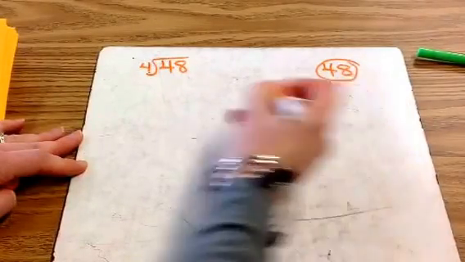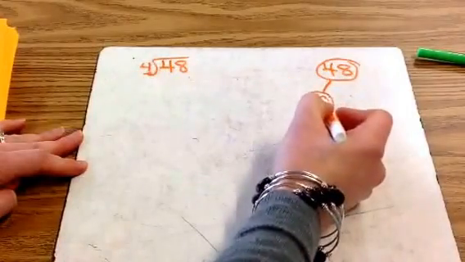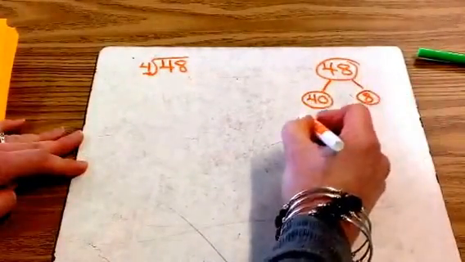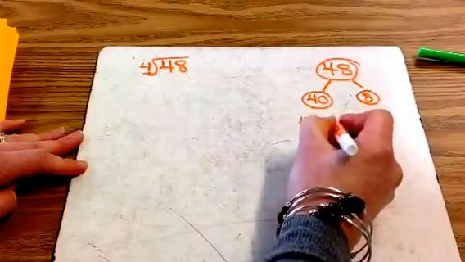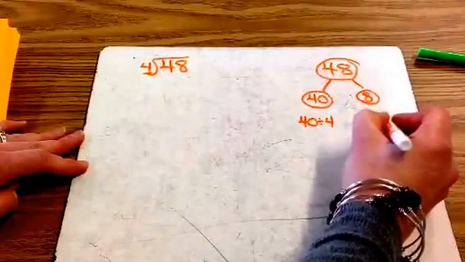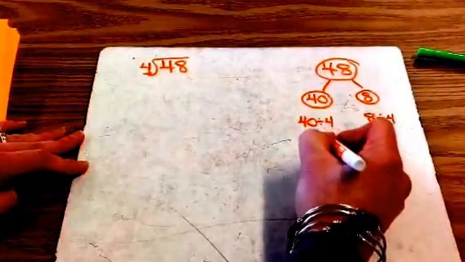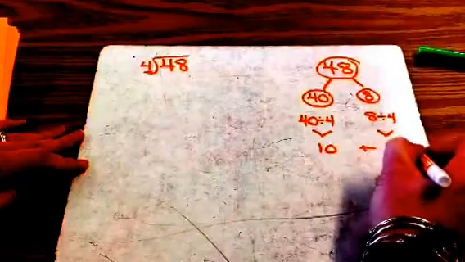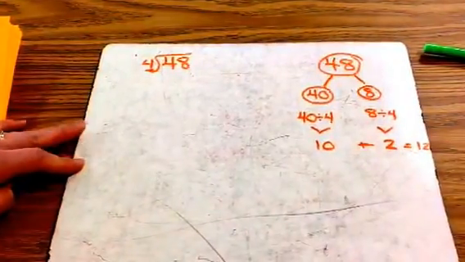So 4 times 10 is 40. That leaves us with just 8. Our distributive property allows us to divide 40 by 4, because that's my divisor, and 8 by 4. 40 divided by 4 is 10, 8 divided by 4 is 2, therefore my answer is 12.